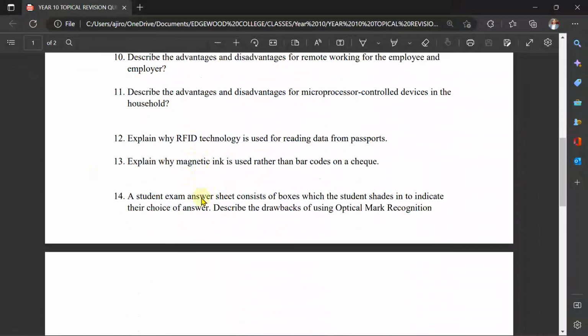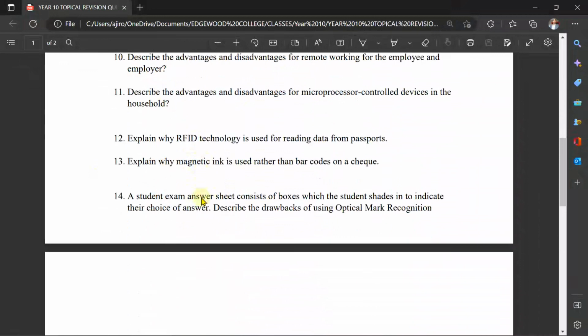If the marks are not in dark enough pencil, and that's why it's always recommended to use an HB pencil, the optical mark recognition may not recognize your answers, and it may not be read correctly. If more than one shape is shaded, that makes that particular answer invalid.